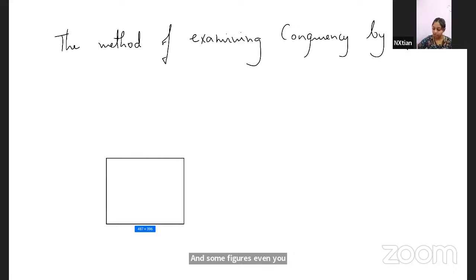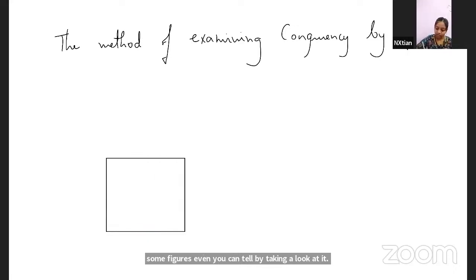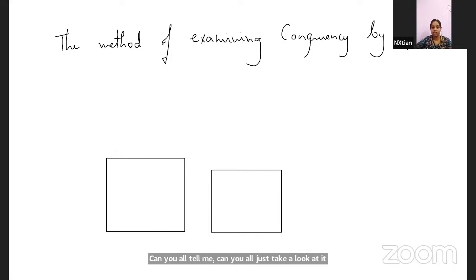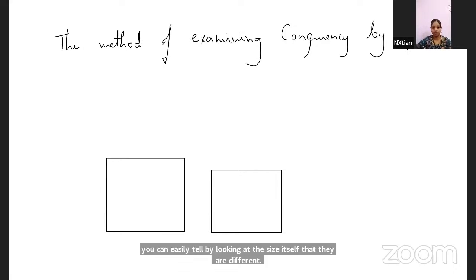If I say measure the congruency of this, can you just take a look and tell me if they are congruent or not? Yes, exactly, their size is different. So some figures you can easily tell by looking at the size itself that they are not congruent.